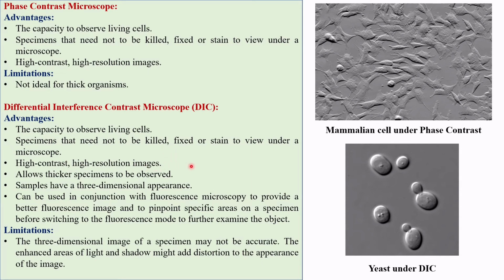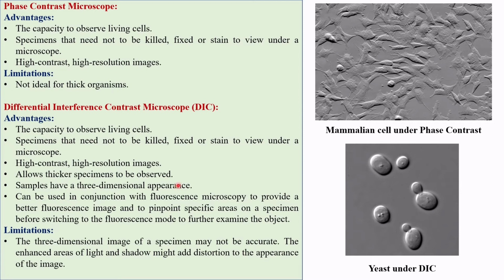So these three advantages are common, right? Apart from them, it allows thicker specimens to be observed, which is not possible in phase contrast. Samples will also have a 3D appearance that will not be possible in phase contrast microscope.